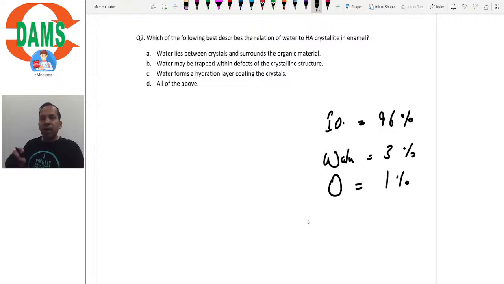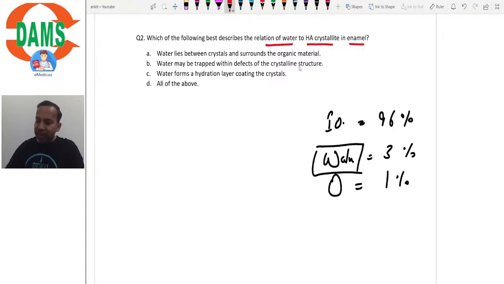So what the question is asking is, where in the enamel is this water located?